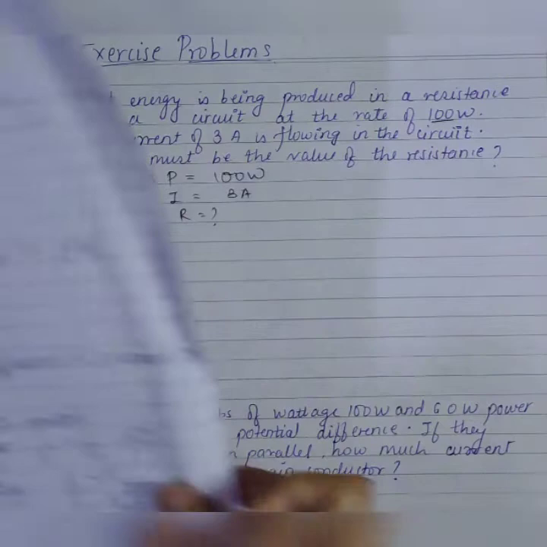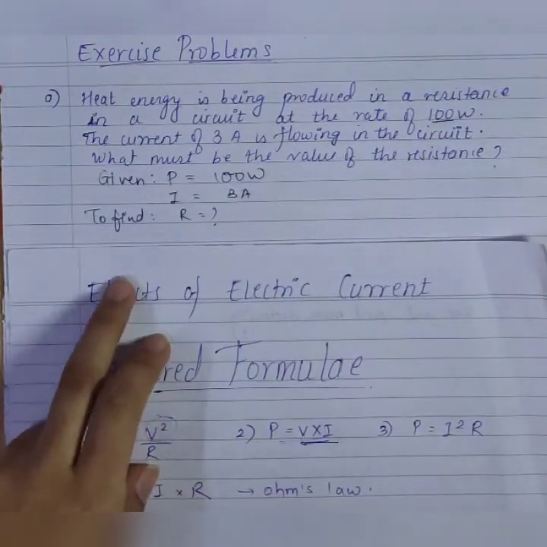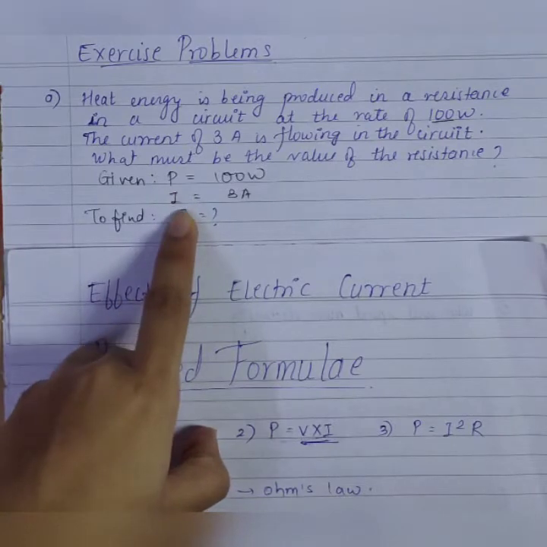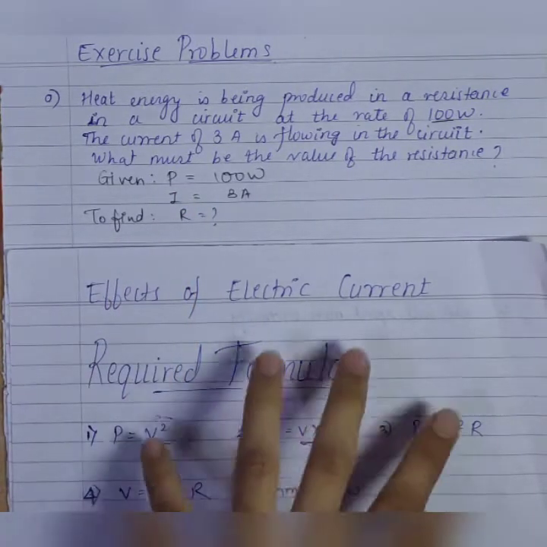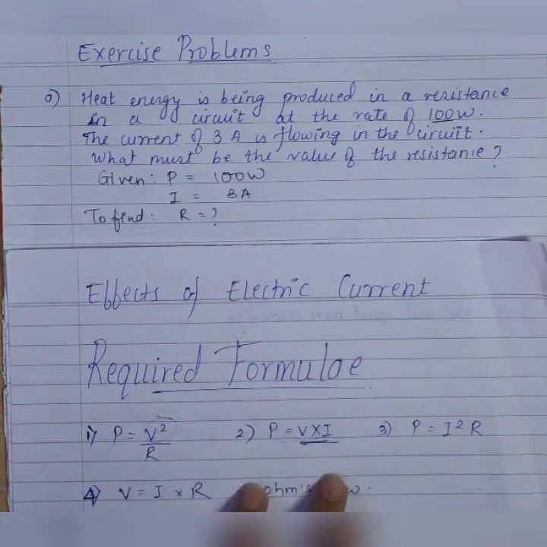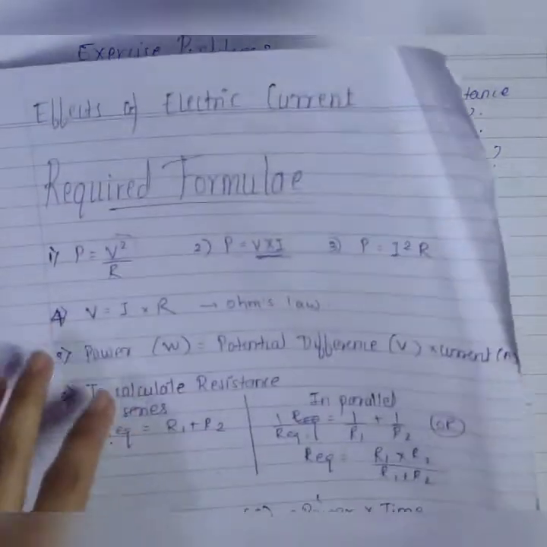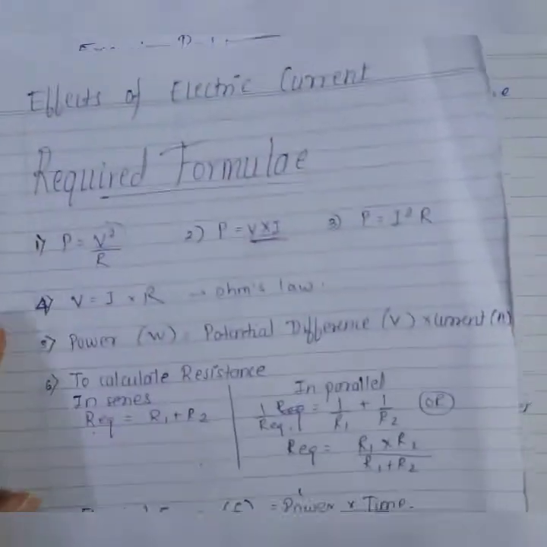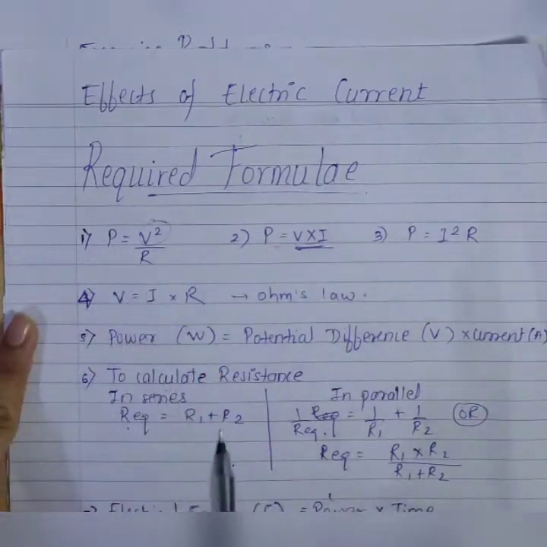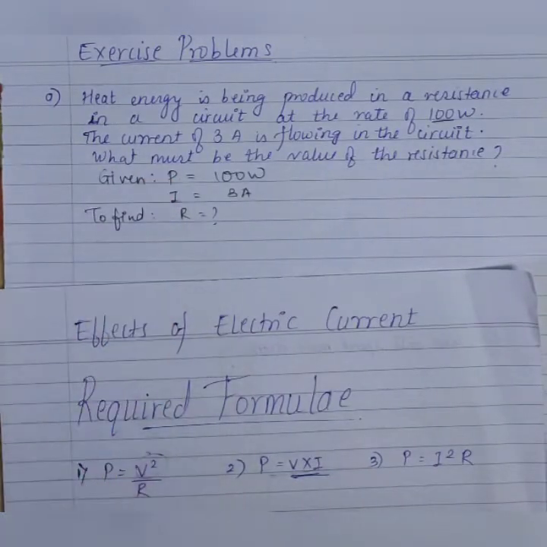Now let's have a look at these formulae. What do you have with you? Power and current. What do we have to find? Resistance. Find what is the given part and what you have to find, and relate it to the formulas in this list. You have power, you have current, so P, I and R have to be there in the formula.